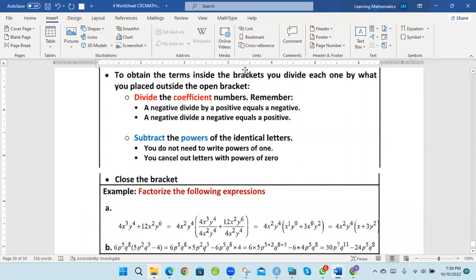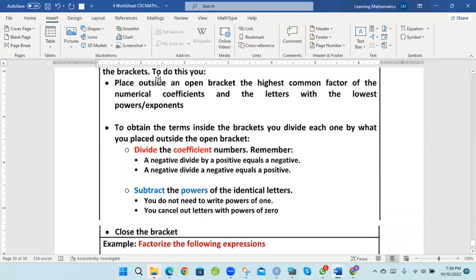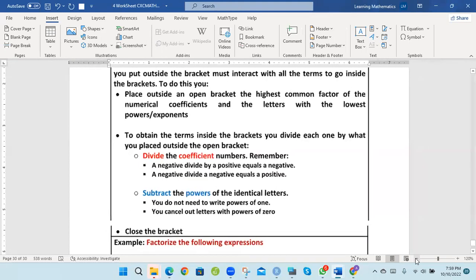It says to obtain, right, place outside an open bracket the highest common factor of the numbers, the coefficients, and the letters, the common letters with the lowest power. The common letters with the lowest power. That is very important. Please take note of that. That's what you place outside of the bracket.